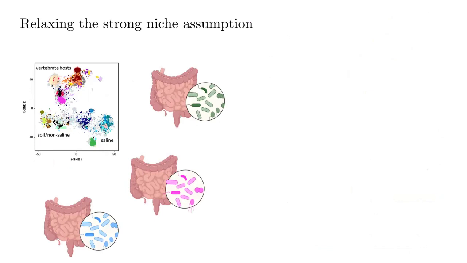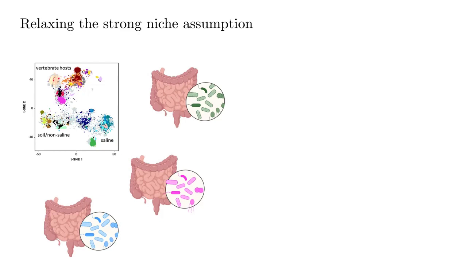Relaxing this assumption, removing the effect of the environment on the microbiome, you can think of in different scales. First, you may assume there is no niche effect, but that's biologically illogical, because you have anaerobes and aerobes, so you still have some. So you can maybe just zoom in into a particular environment.